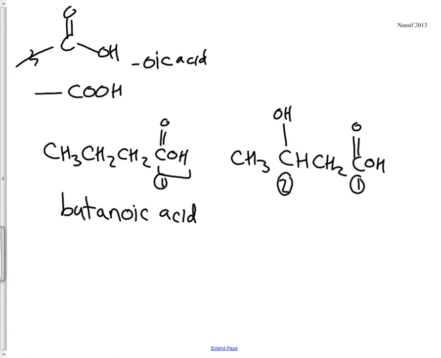So, when this alcohol has a lower priority, or in other words, is not the highest priority, we call it hydroxy. So this molecule would then be called, this is actually carbon number 3. This would be called 3-hydroxybutanoic acid.